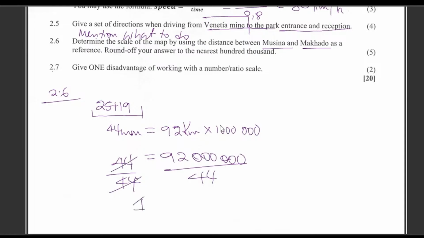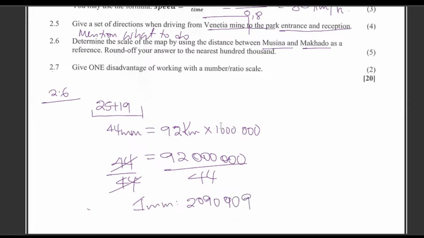So that means 1 millimeter on the map is equivalent to 92 million divided by 44. Here I ended up having 2,090,909.